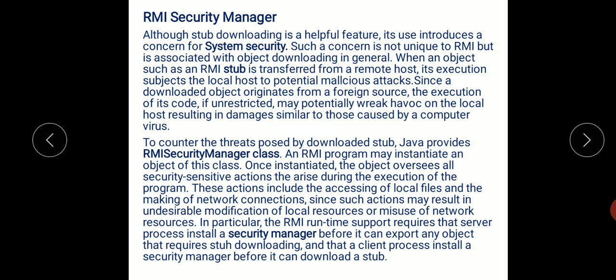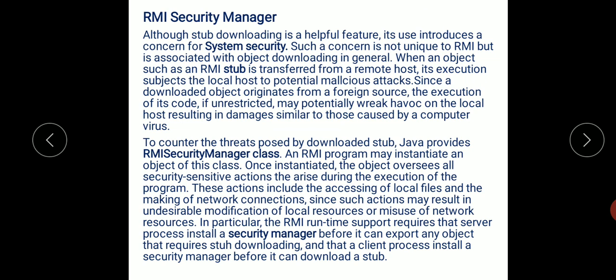When an object such as an RMI stub is transferred from a remote host, its execution subjects the local host to potential malicious attacks. Since a downloaded object originates from a foreign source, the execution of its code is unrestricted and may potentially wreak havoc on the local host, resulting in damages similar to those caused by a computer virus.